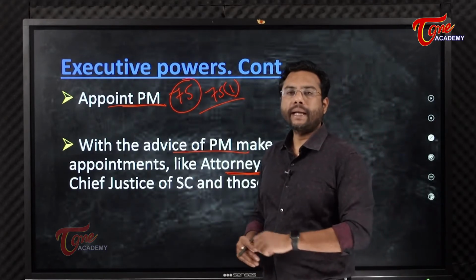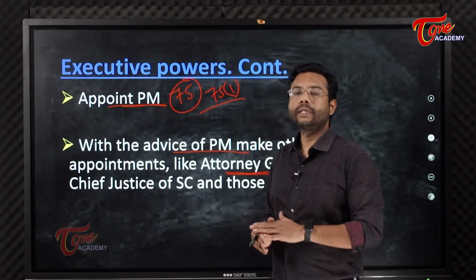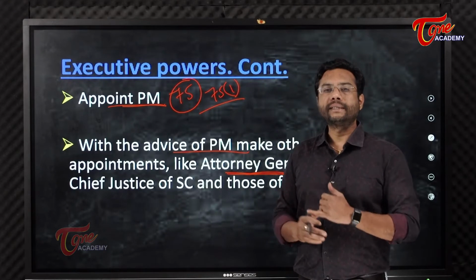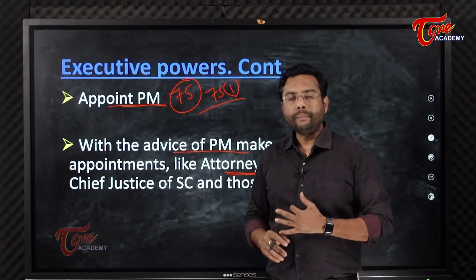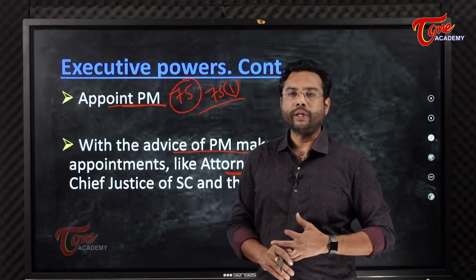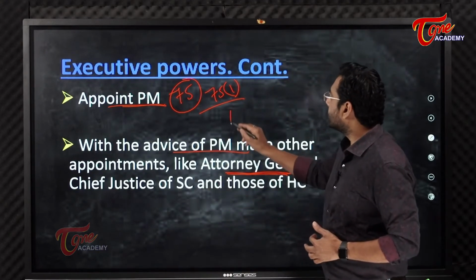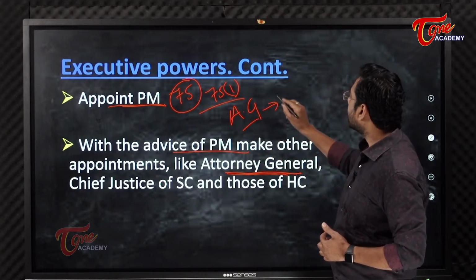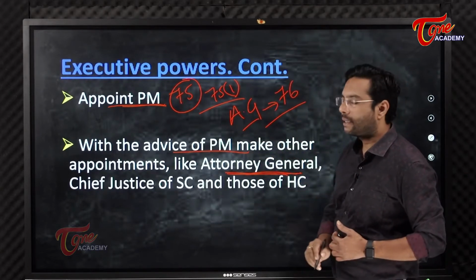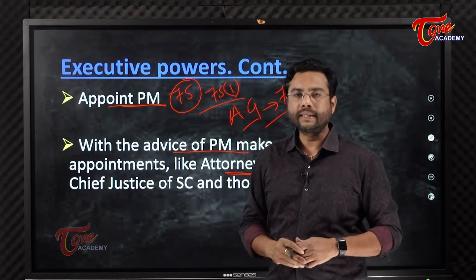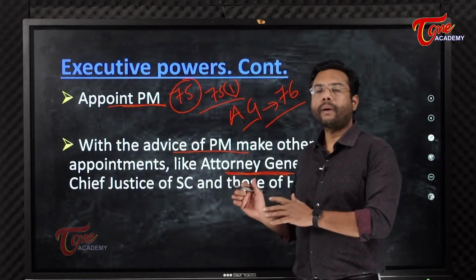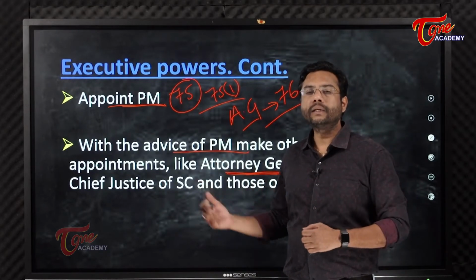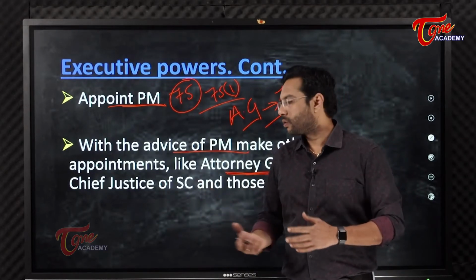As we have discussed, the union executive consists of 5 important dignitaries: President, Vice President, Prime Minister, Council of Ministers and Attorney General. So the Attorney General is appointed by the President under Article 76, and certainly it is recommended by the Prime Minister and the Council of Ministers.